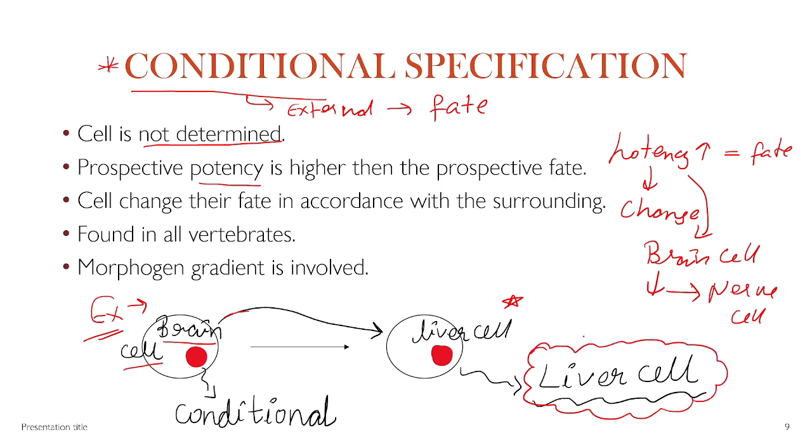So from here we get this thing that potency is higher than its fate. Cells change their fate in accordance with the surrounding. Found in all vertebrates. This is very important. All vertebrates, that is higher organisms.